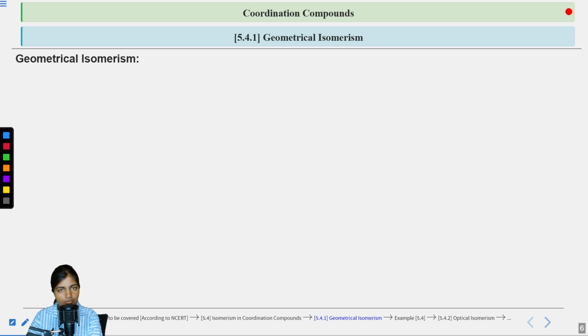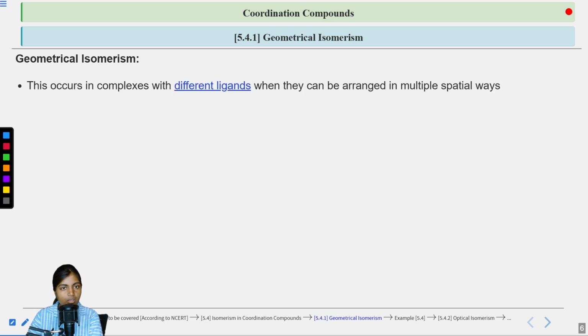So our subsection 5.4.1. This occurs in complexes with different ligands when they can be arranged in multiple spatial ways. So geometrical isomerism arises in a complex which has different ligands, that is, a heteroleptic complex, not homoleptic, where the ligands are different and can be arranged in multiple spatial ways.